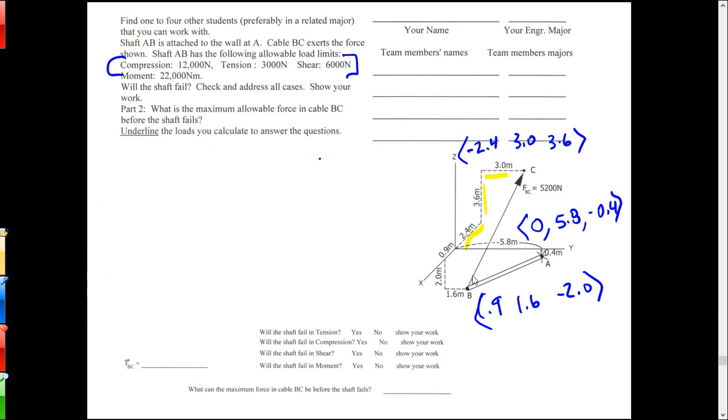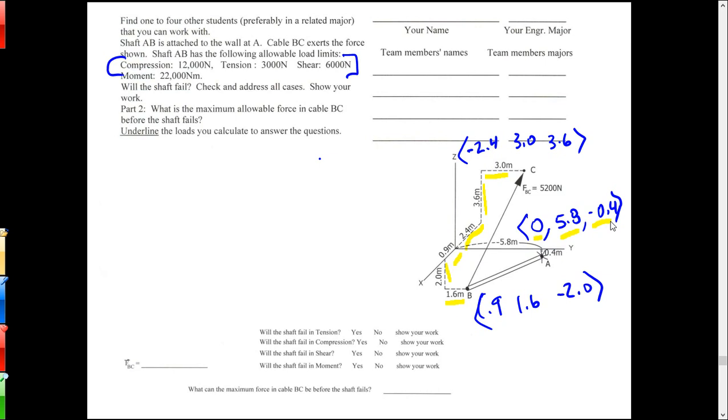For B, we've got 0.9 in the x, 1.6 in the y, and negative 2 in the z. And for point A, there's no x dimension, so its x value is 0. Then we've got 5.8 in the y, and negative 0.4 in the z. All right, so that's the first thing to do.